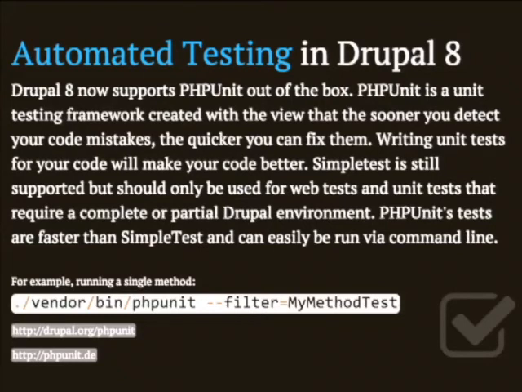So, for example, if we want to run a PHPUnit test from the command line, I can call vendor/bin/phpunit, installed on my machine, and then I could run a single test just by assigning this filter. And so there's a ton of info on PHPUnit, and it's used widely across the PHP community. I think we're at about like a 1 to 40 or 50 ratio between unit tests and simple tests.